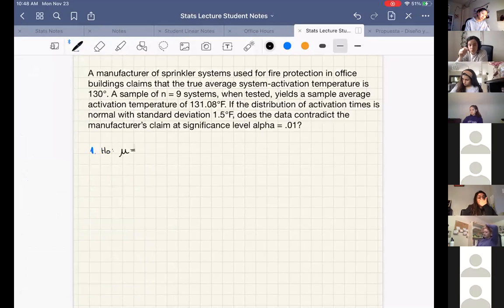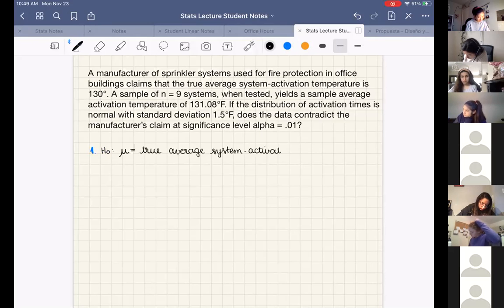So you write mu is equal to, you explain what it is, and then you make the statement for the null hypothesis. So here, mu is the true average system activation temperature.